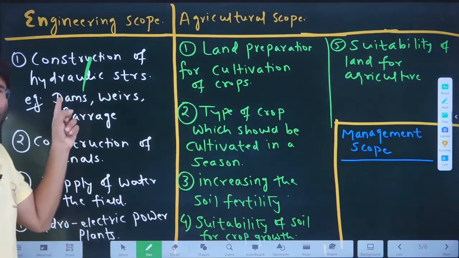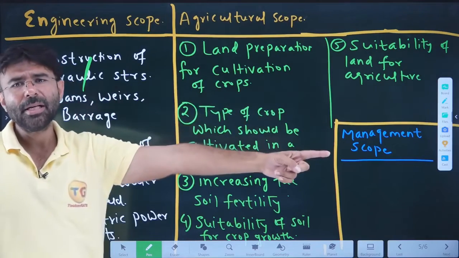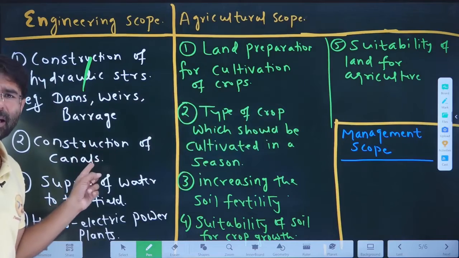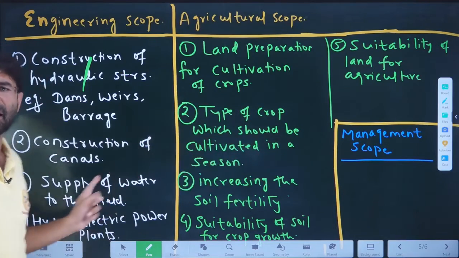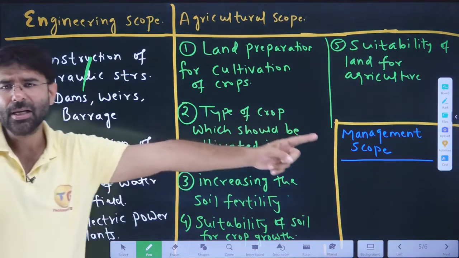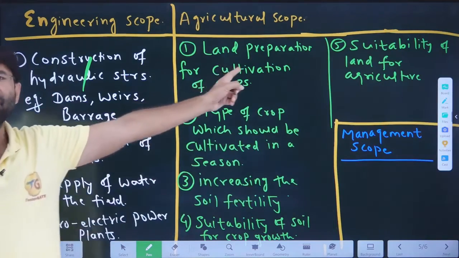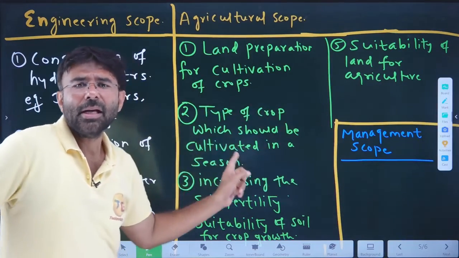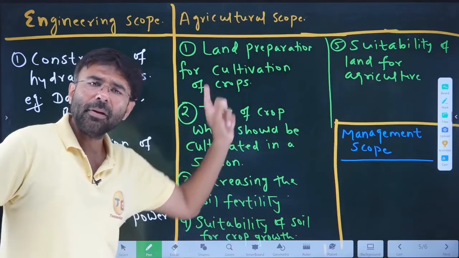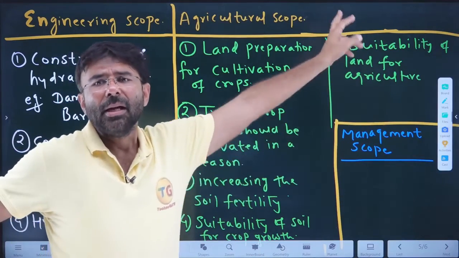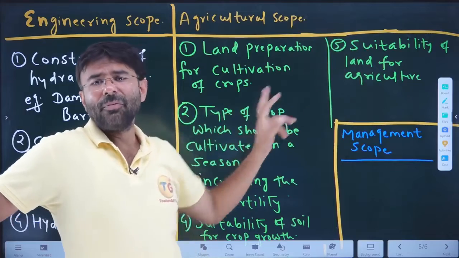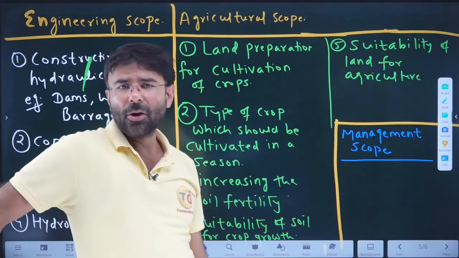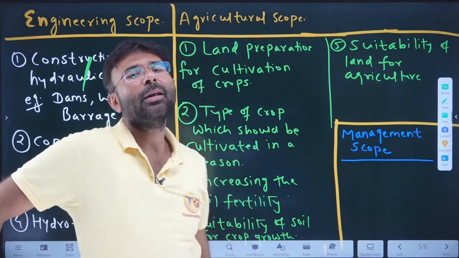If I have to construct a dam, it will require management. If I have to construct a canal, it will require management. If I have to supply water to the field, it will also require management. If a farmer has to prepare a land, it will also require some management. If I have to grow a particular crop, it will also require management. Whether a land or soil is suitable for a particular crop or not, this will also require management.